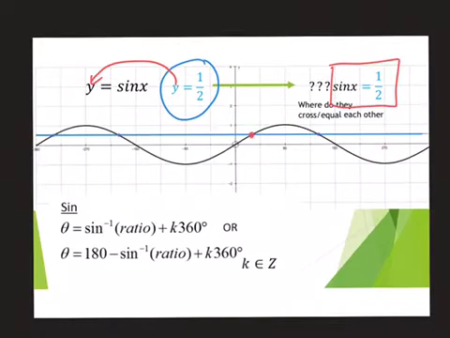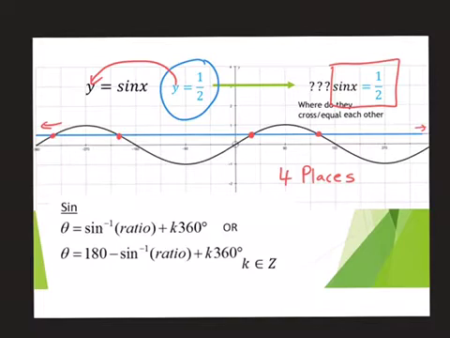It's there. If we carried on drawing, it would be somewhere to the right. We've got one here, and there would be more to the left. All right, so within this negative 360 to 360, there are 4 places where sine x is equal to the value of a half.